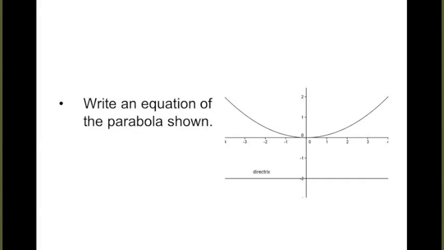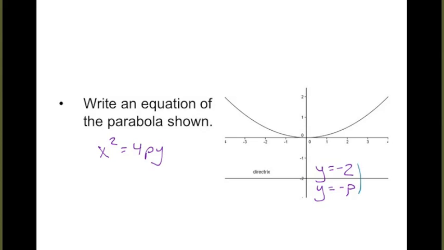Is this one horizontal or vertical facing? Vertical facing. So vertical facing, our equation is x squared equals 4py. In this one, we're not given the focus. We're given the directrix is at the line y equals -2. In the chart, it tells us our directrix should be at y equals -p.